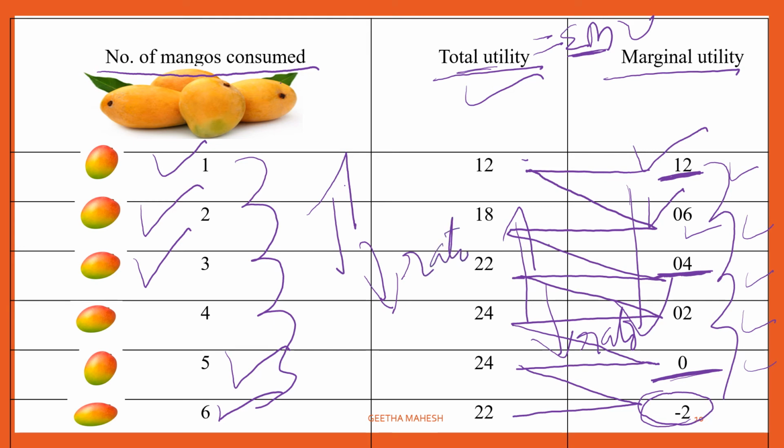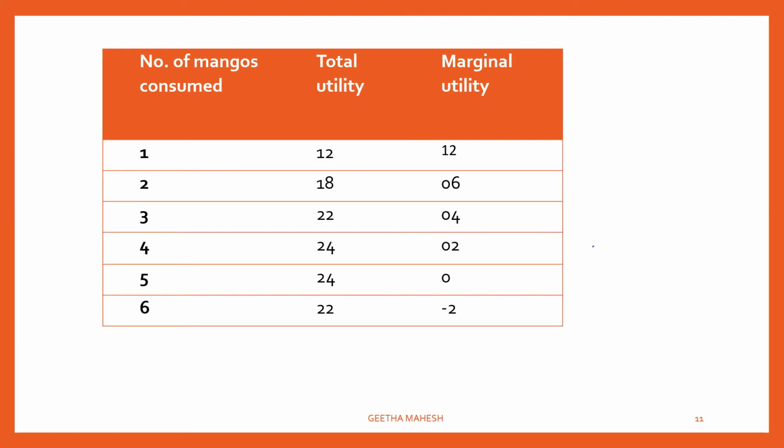Let us understand with the help of a table the relationship between total utility and marginal utility. As consumption of mangoes increases, total utility increases but marginal utility decreases. Initially you can see the marginal utility from the first unit of consumption is highest, but total utility will be minimum.